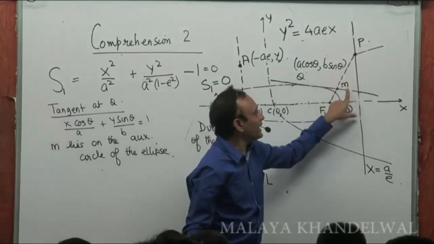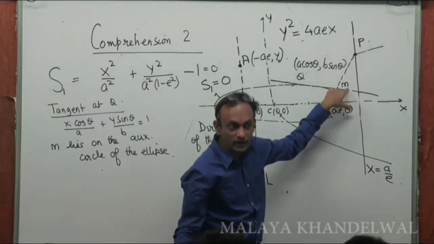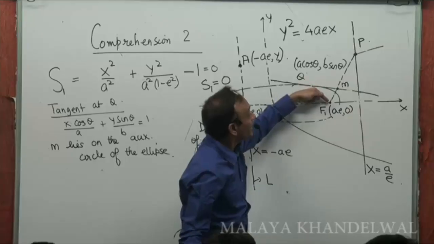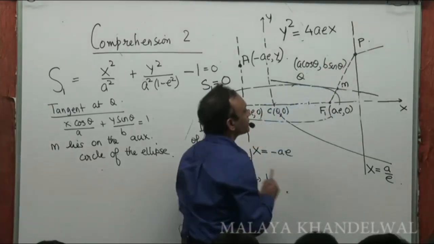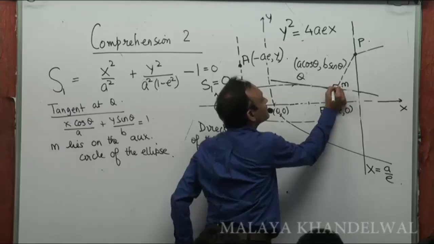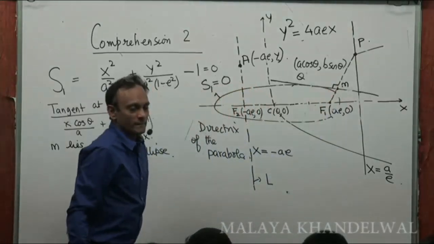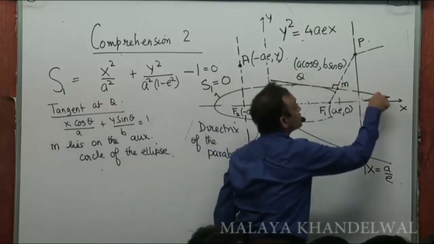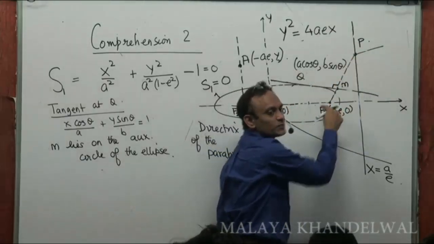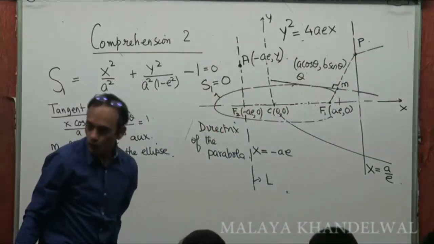Yes or no? If M lies on the auxiliary circle, M must be the foot of the perpendicular drawn from the focus onto this tangent. That means this must be 90 degrees. If this is 90 degrees, that means the slope of this into the slope of this must be minus 1.